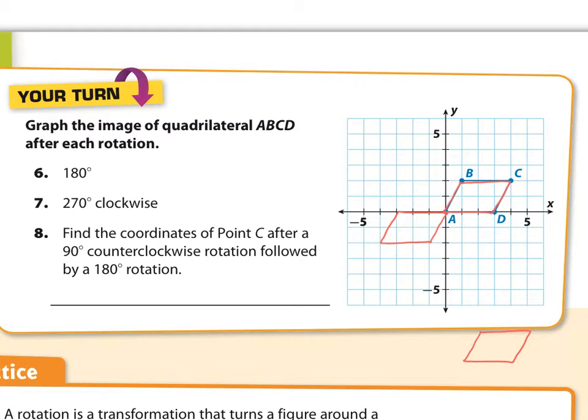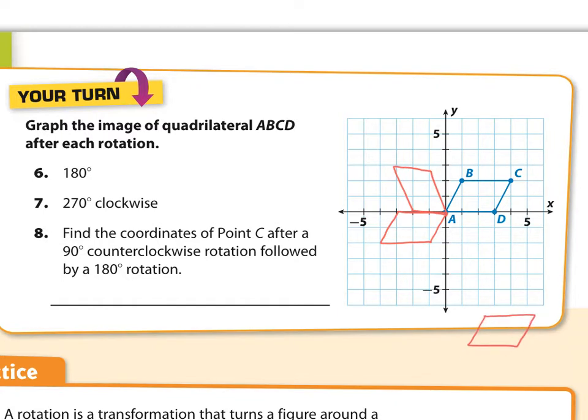Then let's rotate number 7, 270 degrees clockwise. So it's going to look like this. If I go clockwise, it's going to go this way, right? Going clockwise. 270 degrees is almost all the way around, and it's going to look something like this. Okay, not perfect, but you can see the points that it's closest to, and then work with it from there. So it's going to look something like that.